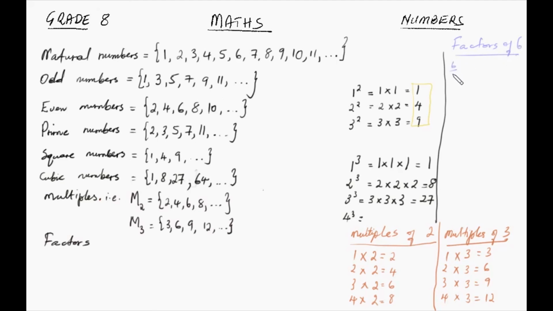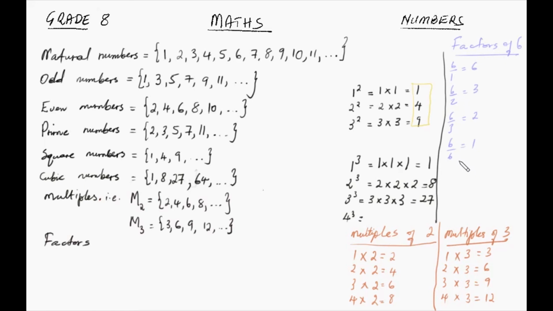6 divided by 1, what is it? It's 6. Okay? 6 divided by 2, what is it? It's 3. The remainder is 0. 6 divided by 3 is equal to what? 2. And the remainder is what? 0. What else? 6 divided by 6, what do you get? 1. And the remainder is what? Is 0.